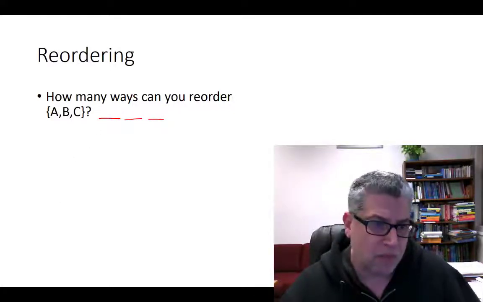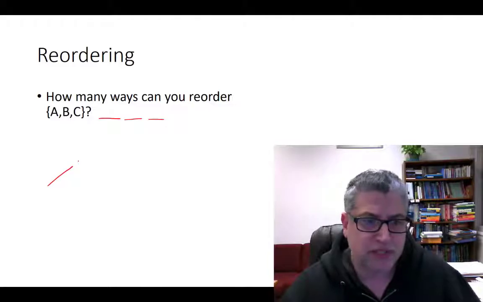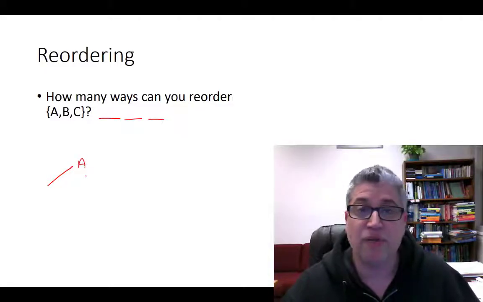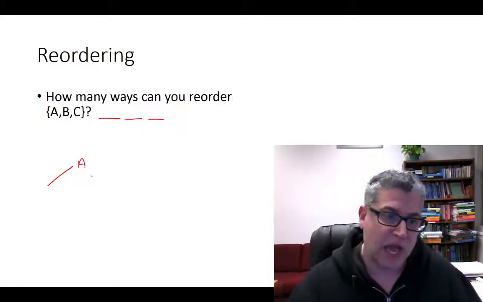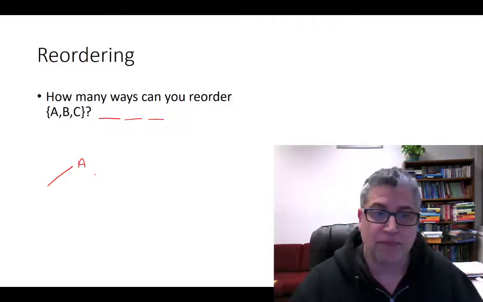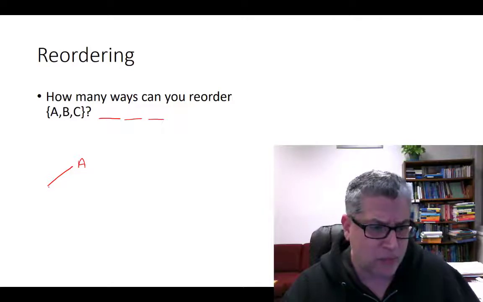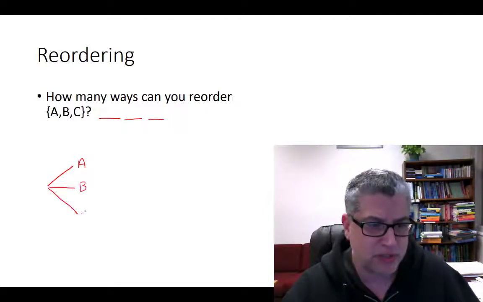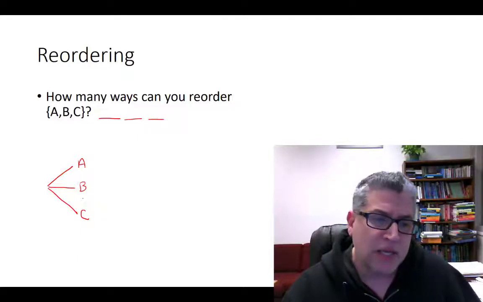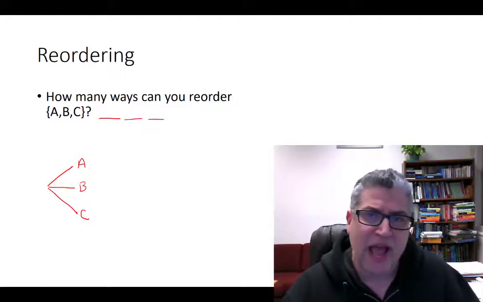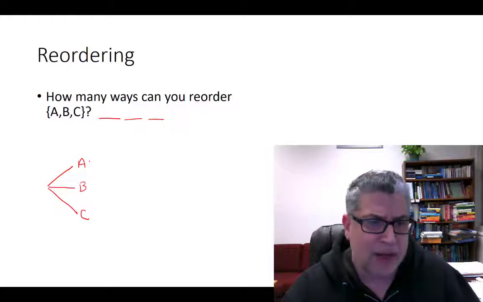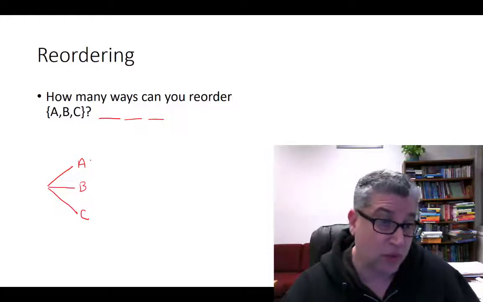Now, our first place, we might choose to start off with A's and have like A, B, C, A, C, B. So let's say we could do A, we could do B as our first place, or we could do C. Now let's suppose that we've committed to A. Now how many different ways could we order the remainder?